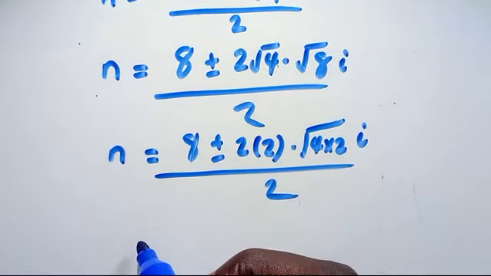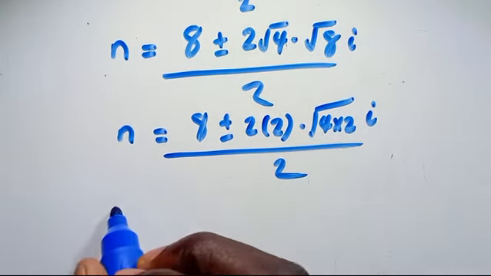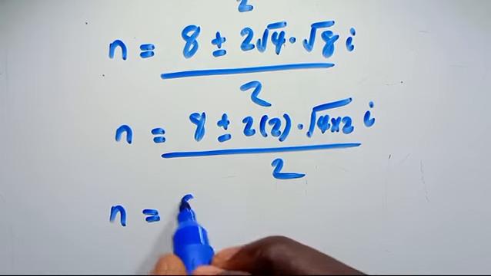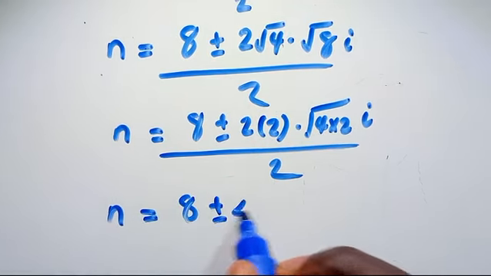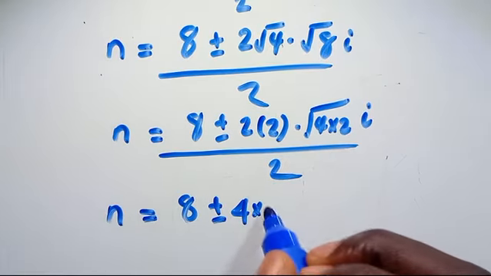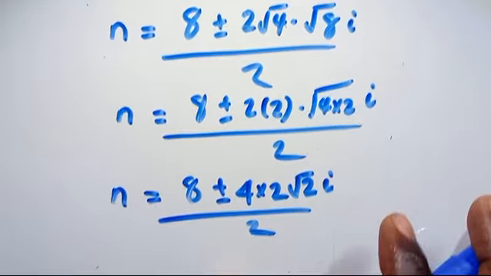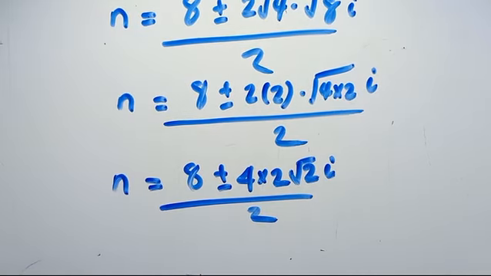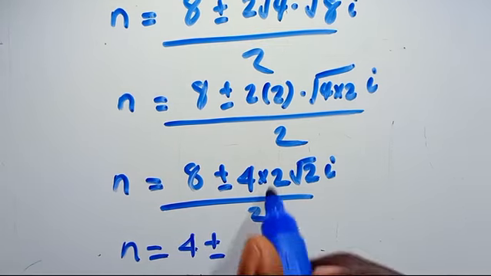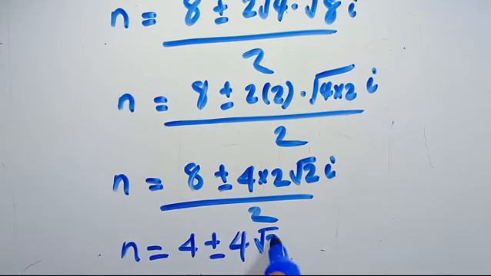We have n equals 8 positive or negative 2 multiplied by root 2i over 2. Now divide 2 by 2. This will be 8 divided by 2, 4 positive or negative, this cancels this, 4 multiplied by root 2i.